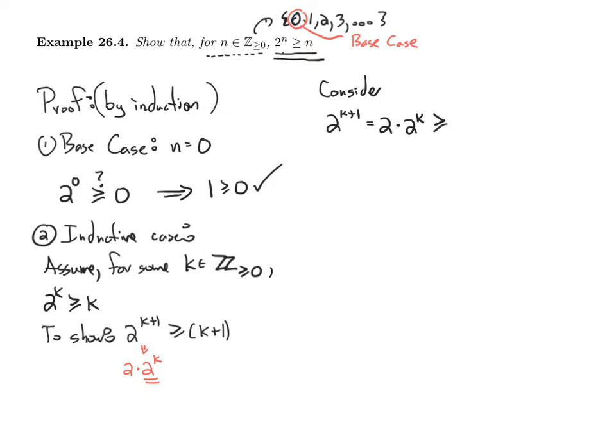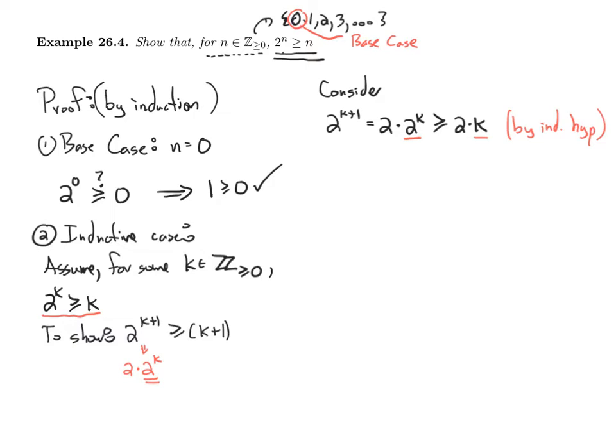If we replace the 2 to the k with k, using our inductive hypothesis, we get something smaller. So this is 2 times k. So that's what we're doing here, we're using our inductive hypothesis. So let's tell people: by the inductive hypothesis.